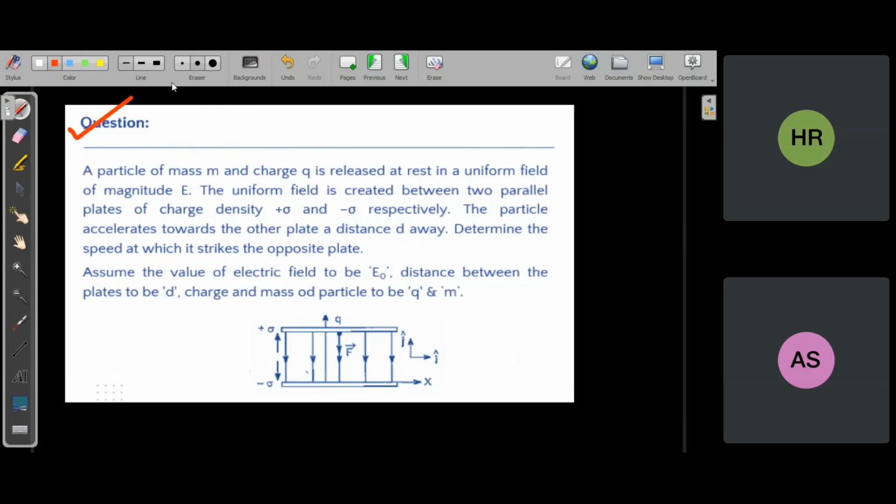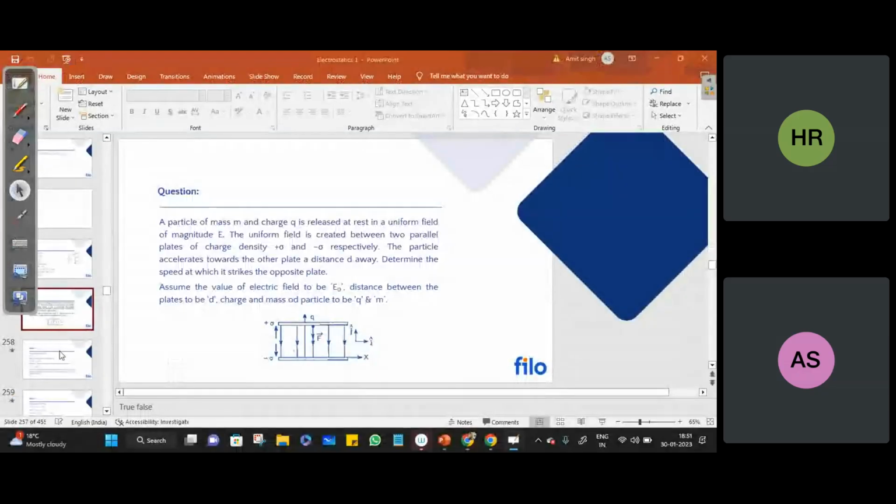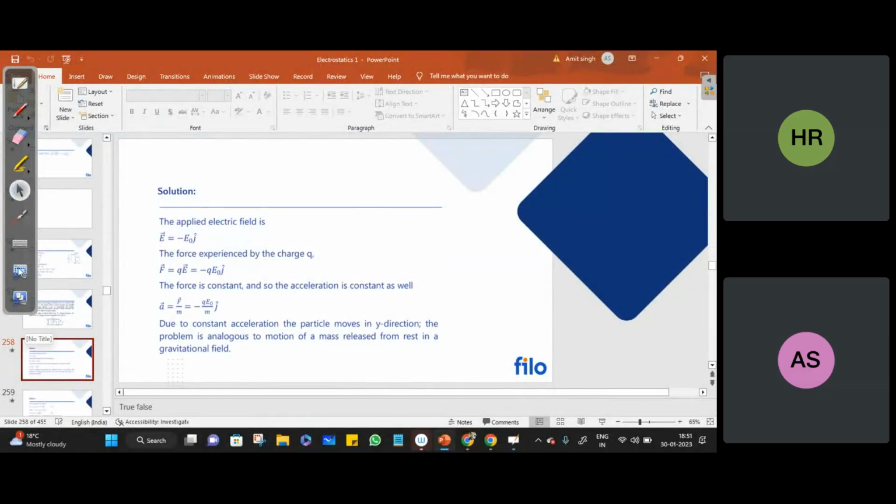So gravitational force and electrostatic force are both in the same direction. This is very simple, like uniformly accelerated motion, right?